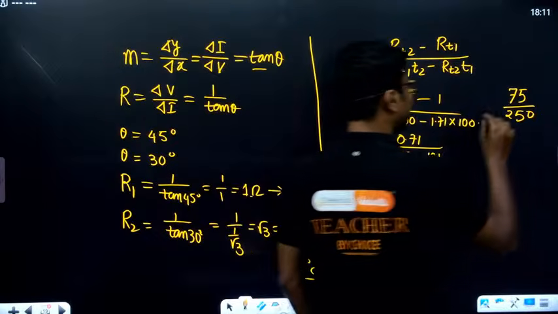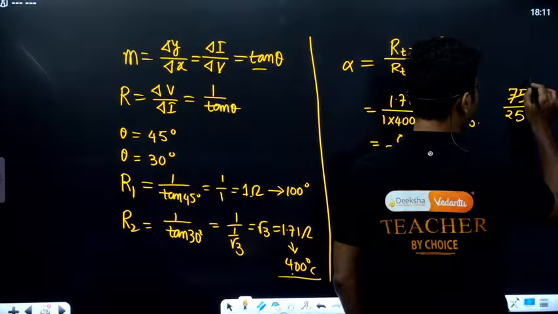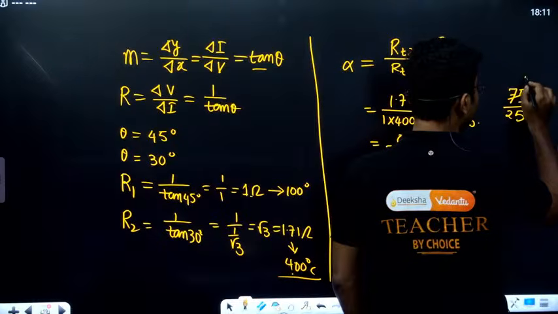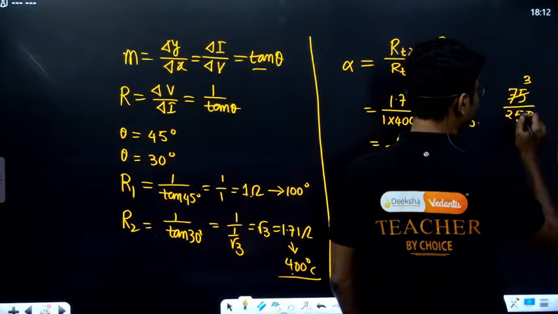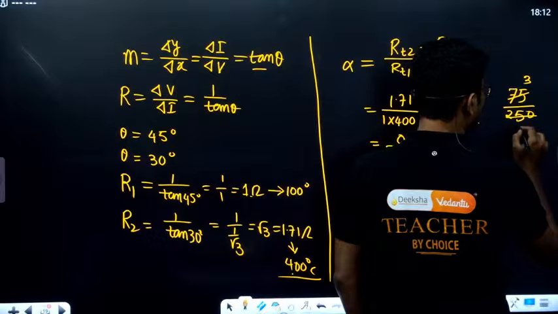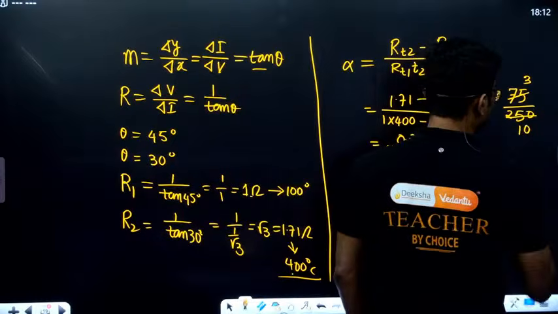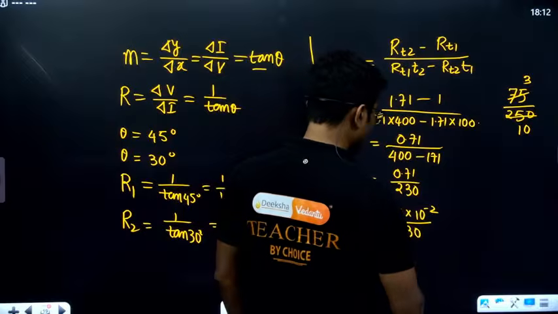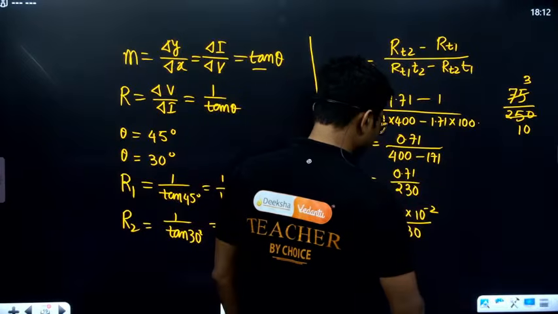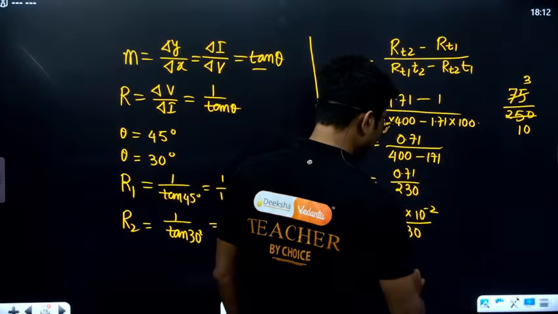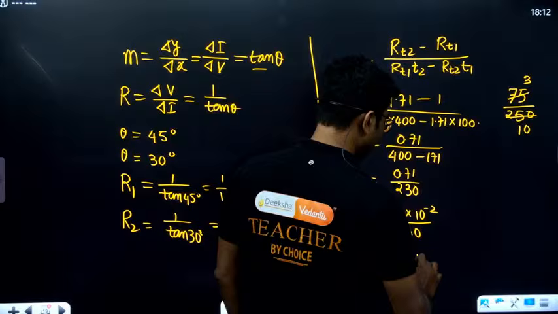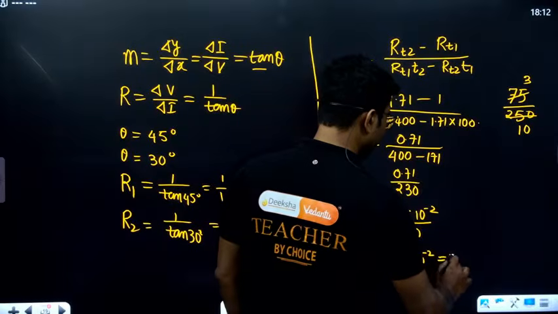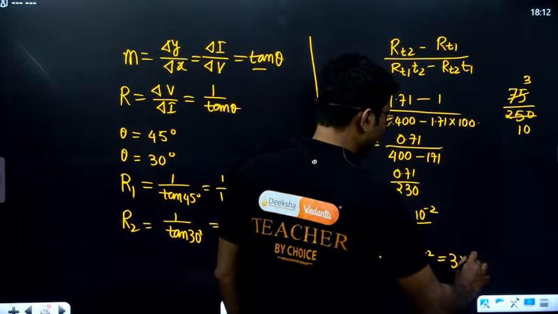So for that we can calculate it. 75 by 25 is 3, so it will be 3 by 10. The approximate value will be 3 upon 10 into 10 to the power minus 2, or 3 into 10 to the power minus 3.